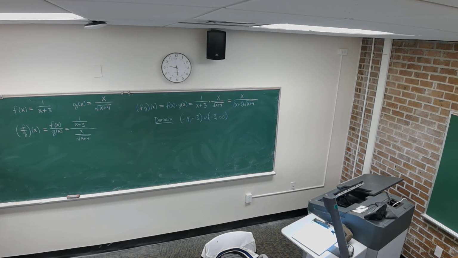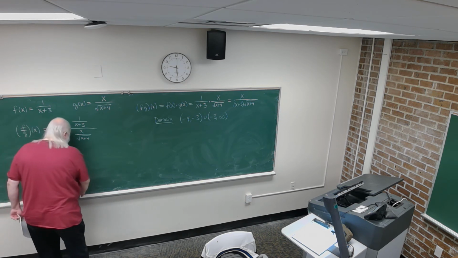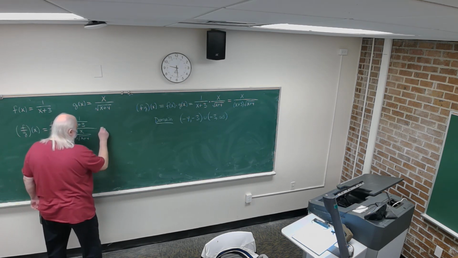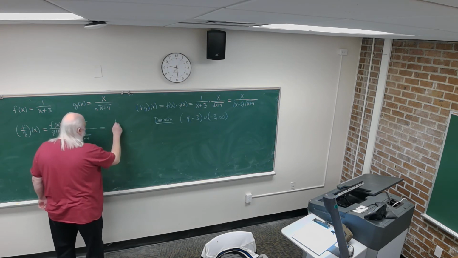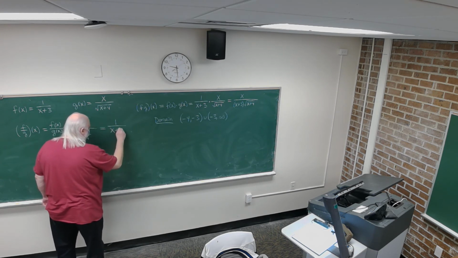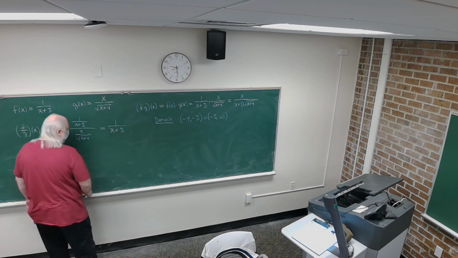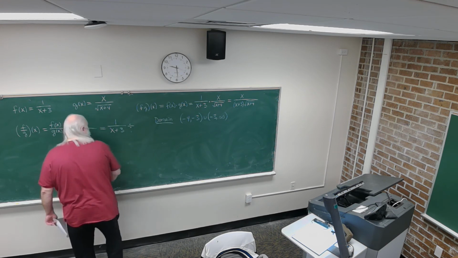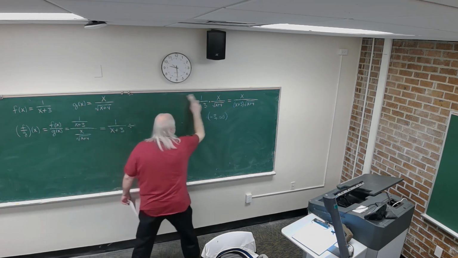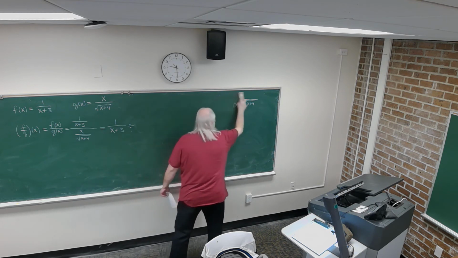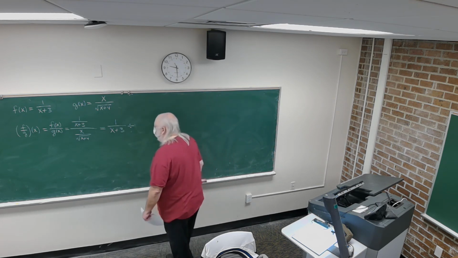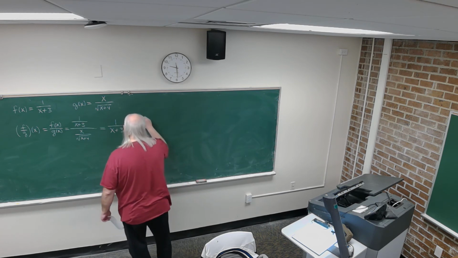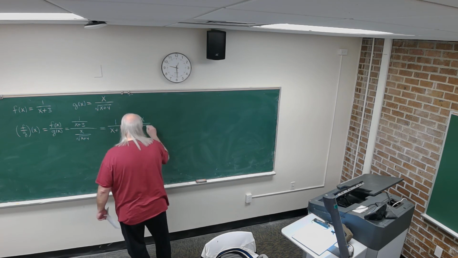Well, now you're dividing two quotients. Let's write it out. We have 1 over x plus 3. We know fraction bars are like division symbols. So we have 1 over x plus 3 divided by x over the square root of x plus 4.